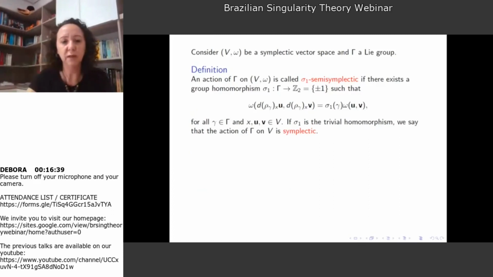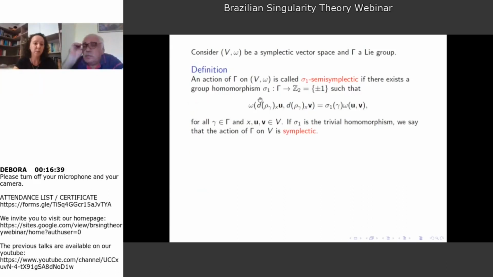The classical definition in this theory is the following: an action of a Lie group gamma on a symplectic vector space is called sigma-semisymplectic if there exists a group homomorphism sigma from gamma to {1, -1} such that the bilinear form omega at x of the differential of rho gamma applied to u and the differential of rho gamma applied to v equals sigma of gamma times omega of u, v.